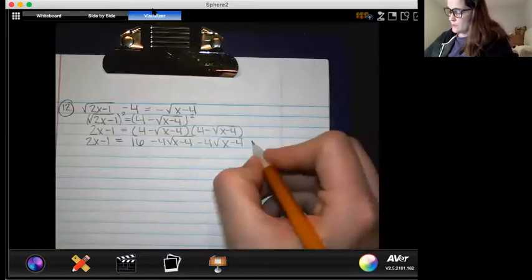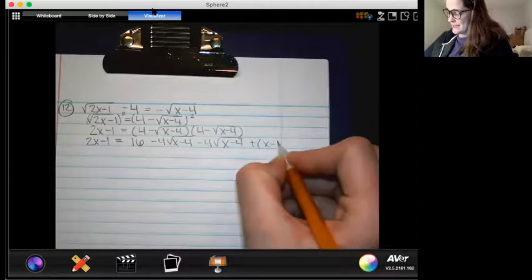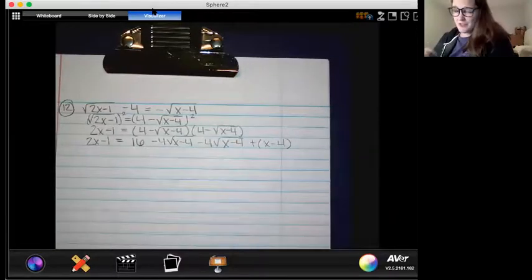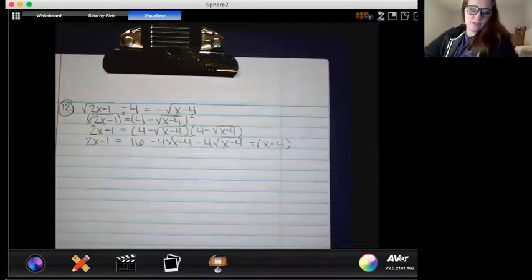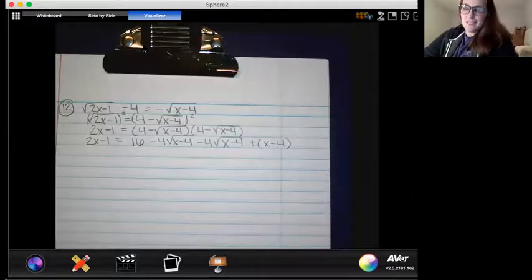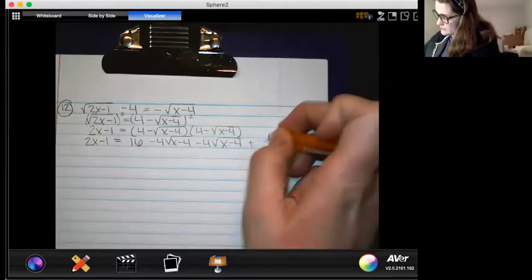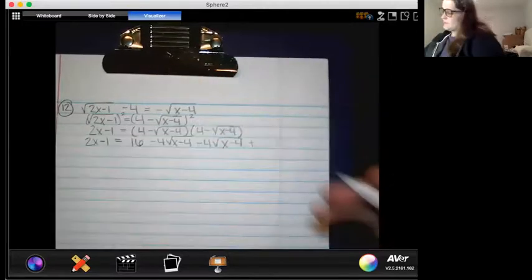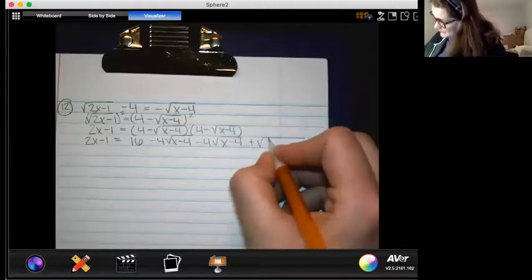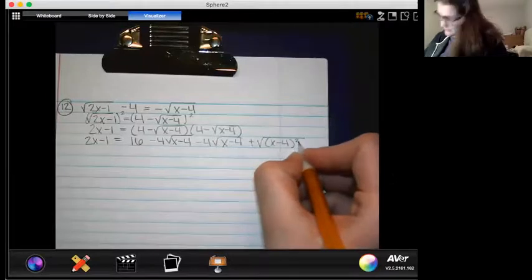So therefore, I'm going to be left with what's underneath the radical. Okay, if I square negative square root of x minus 4 times negative square root of x minus 4, I'm going to actually get, well, I'll write it down so we can stay consistent. Technically, I would get x minus 4 quantity squared.